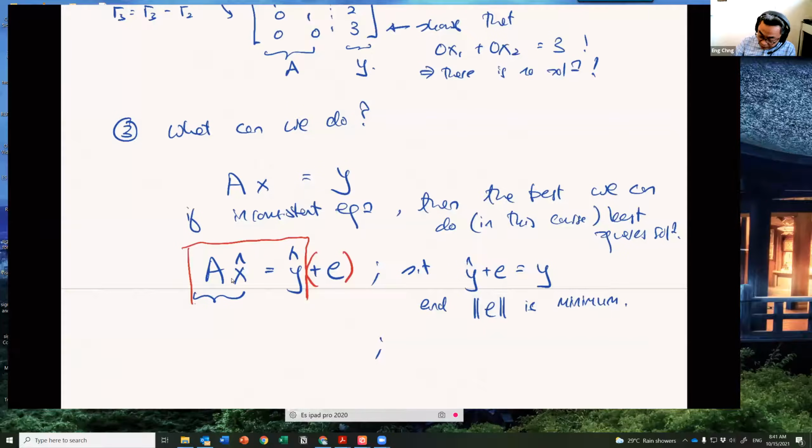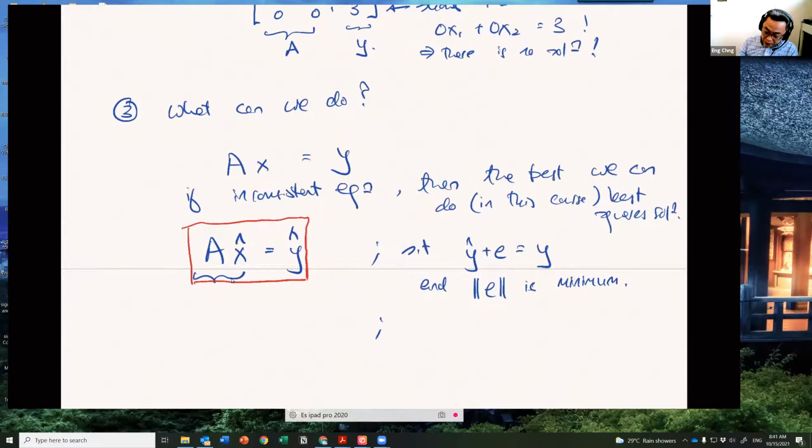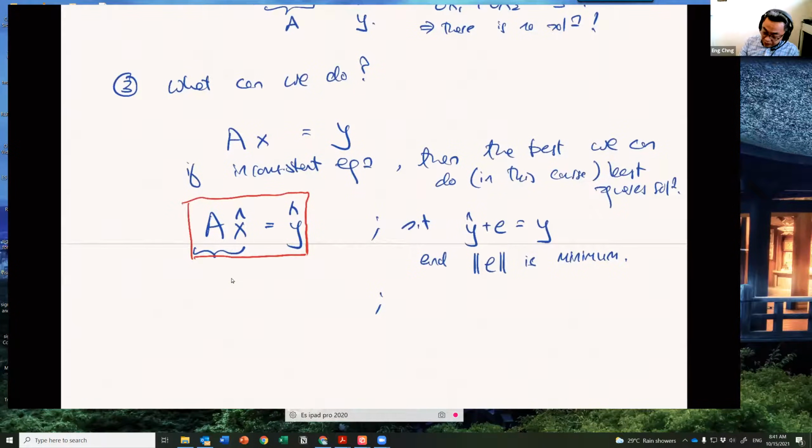The e here we cannot approximate, because we cannot approximate e given A. So what is the interpretation of Ax hat?